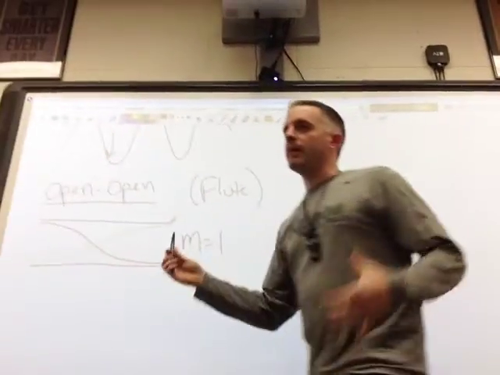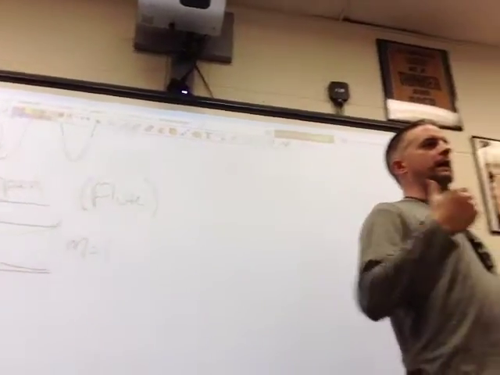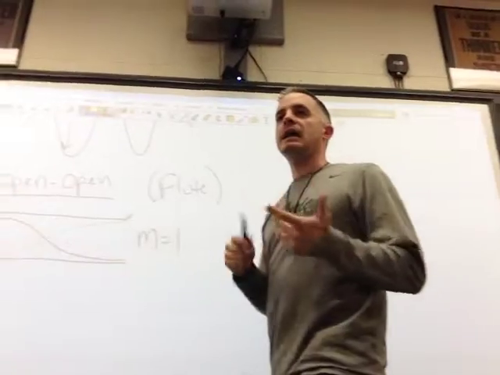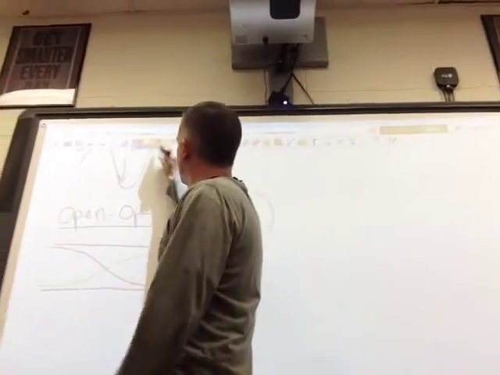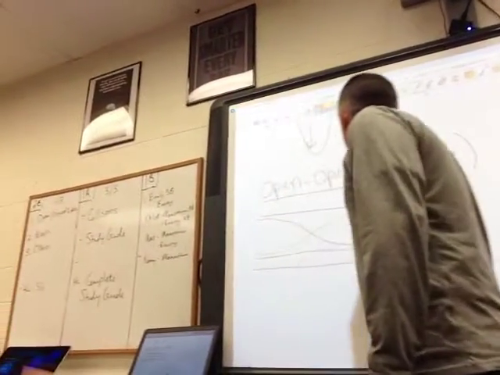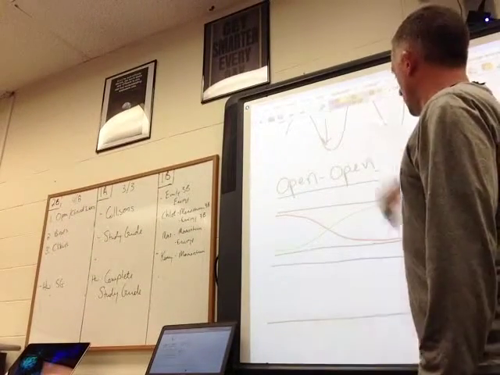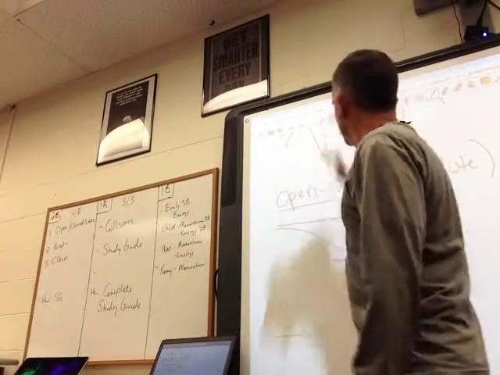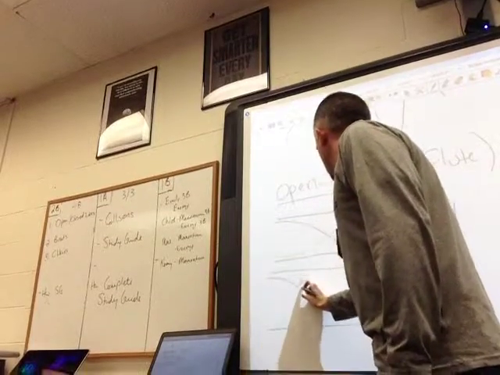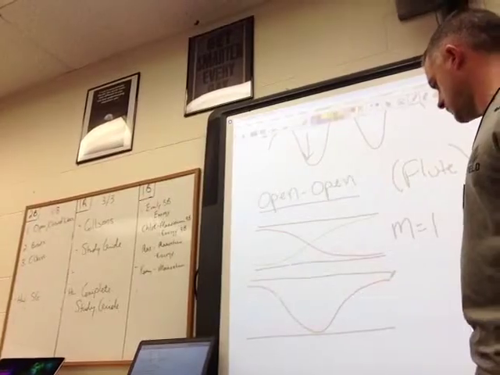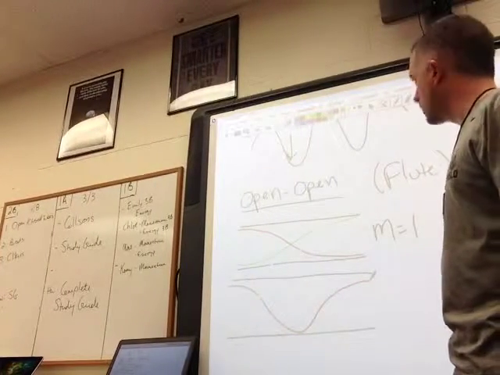So again, we need to have it always begin and end at an antinode. Okay. So let's try the second one. If we're going to go here, we need it like that.